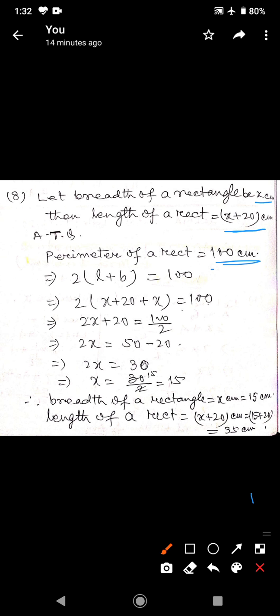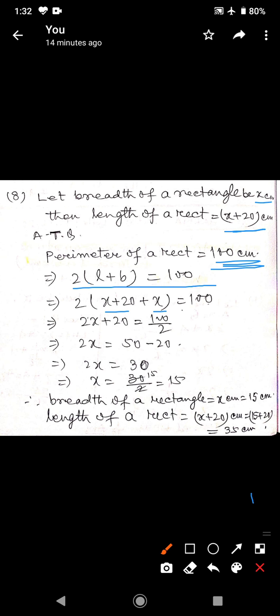According to the question, perimeter of a rectangle equal to 100 centimeter, and you know that perimeter of a rectangle equal to 2 (length plus breadth) equal to 100. It can be written as 2 (x plus 20 plus x) equal to 100.